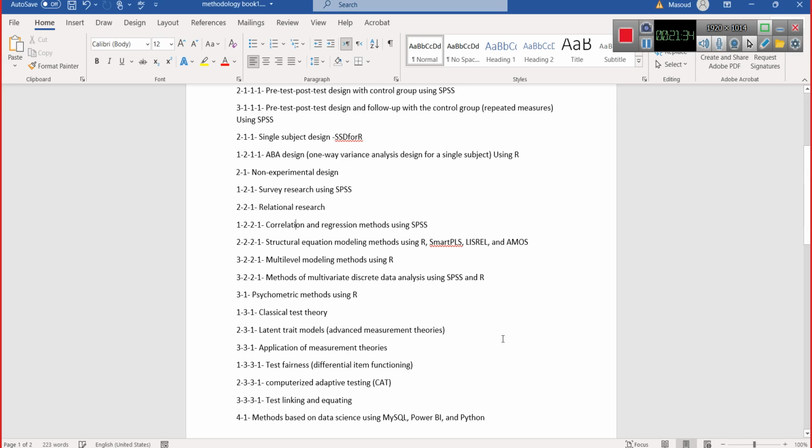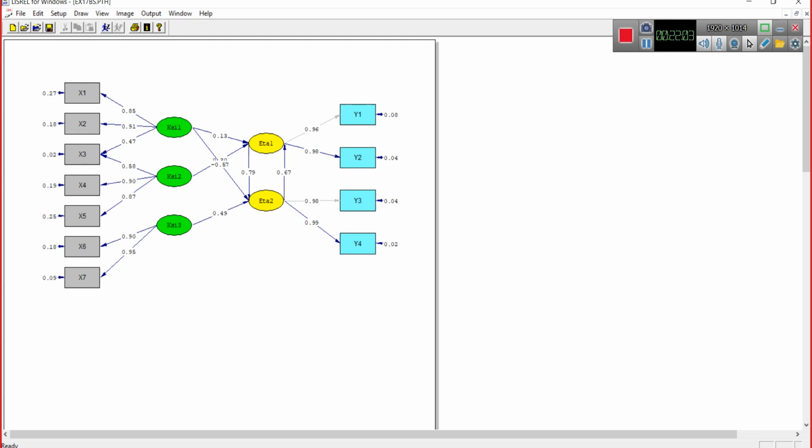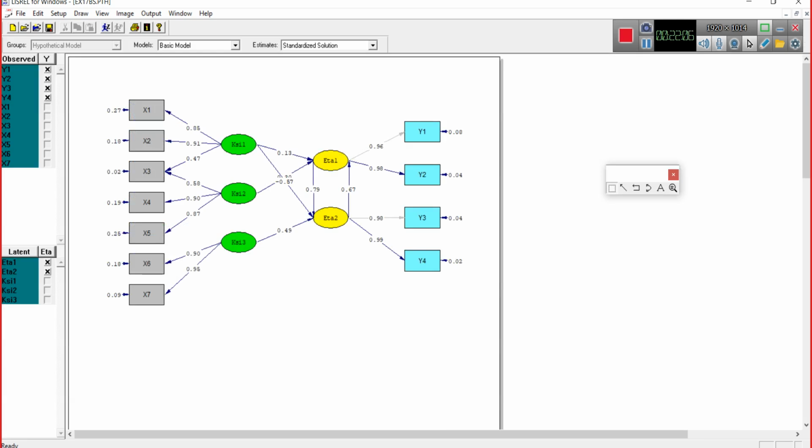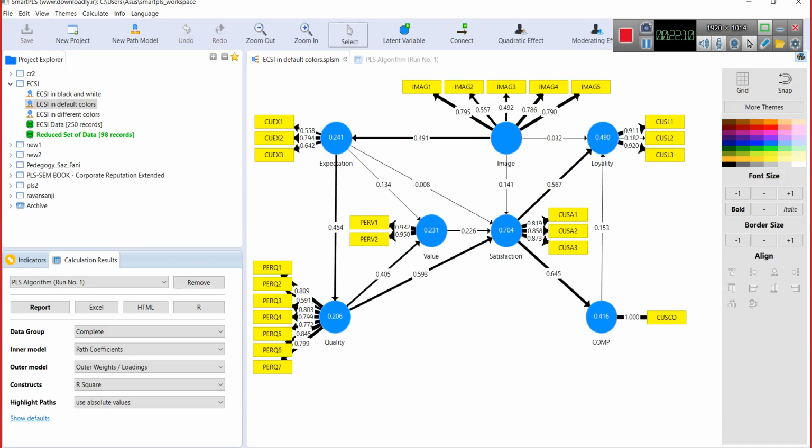For example, when you want to investigate the relationships of variables in a bivariate or multiple regression, or even in structural equation modeling that not only investigates indirect relationships but can also control for measurement errors and employ latent variables, as we do in software like LISREL and SmartPLS, there are still the same limitation: these models are confined to measurement in one level.